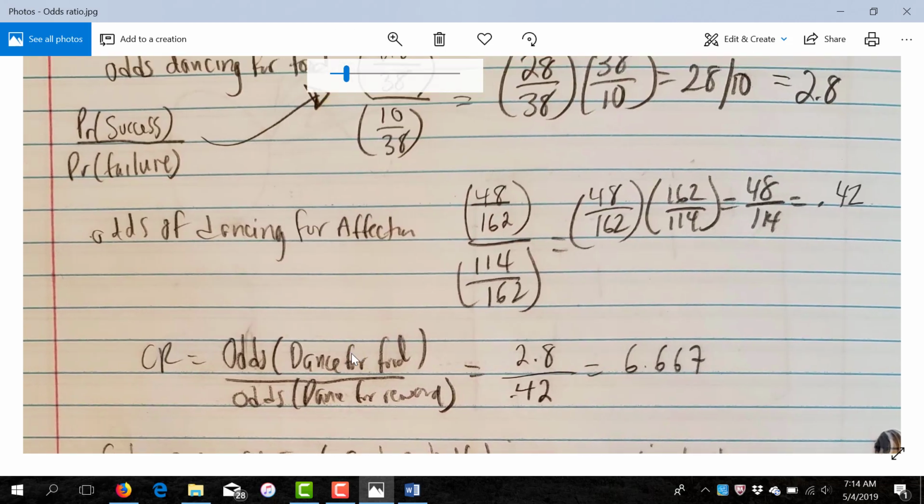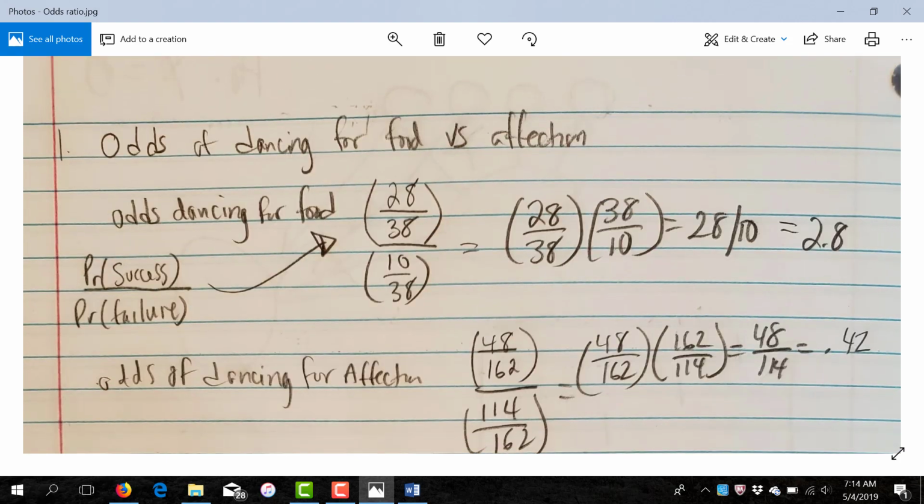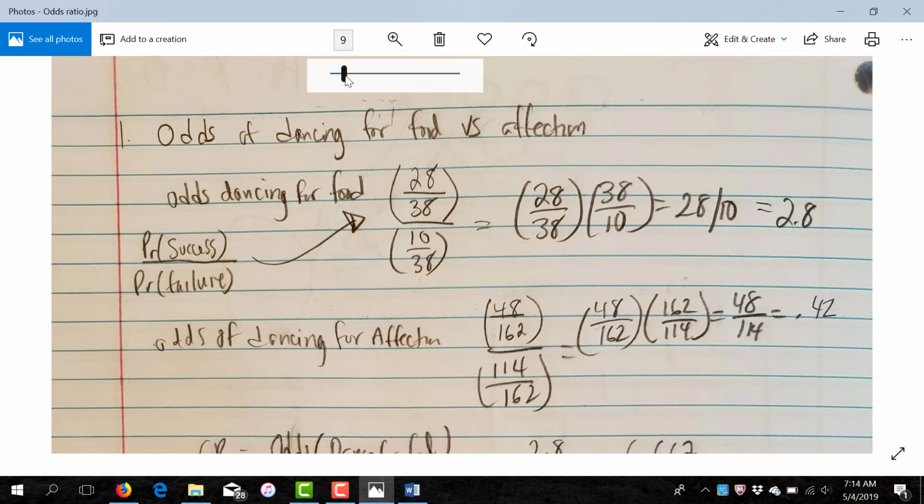There you go. Let's start with the odds ratio here. This is pretty nice. Okay, so let's calculate the odds here. So we said 28 kitties line danced, right? And 10 did not line dance.